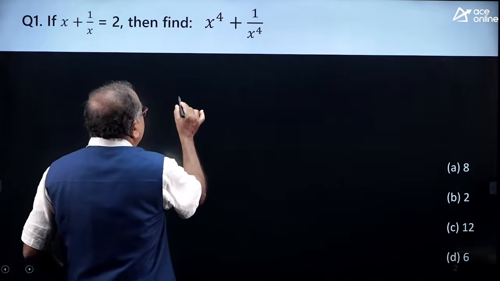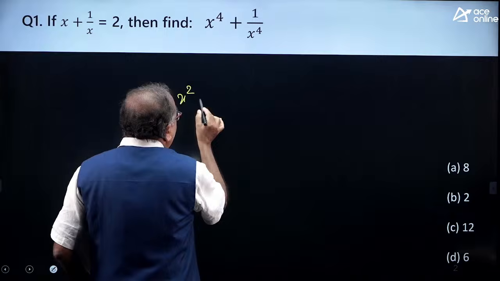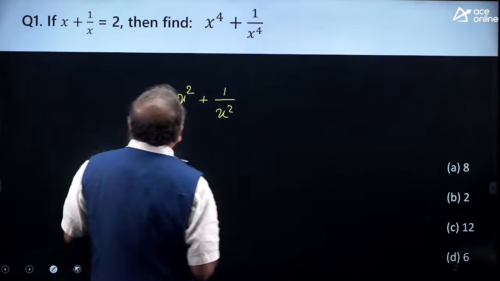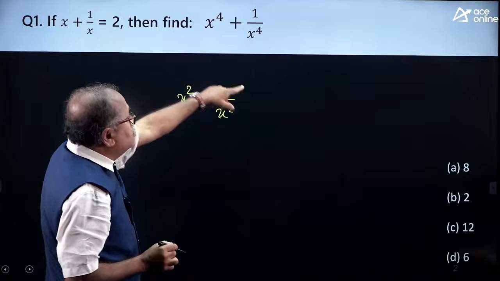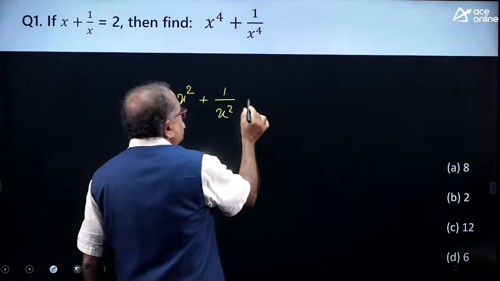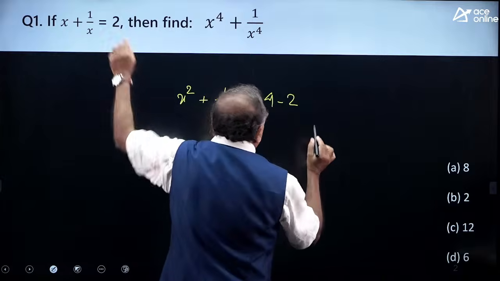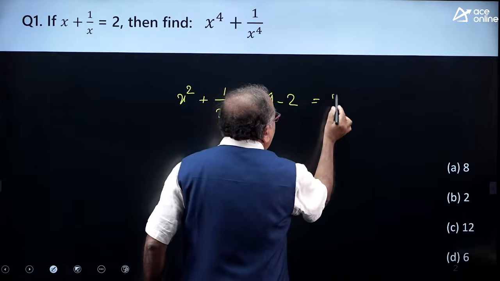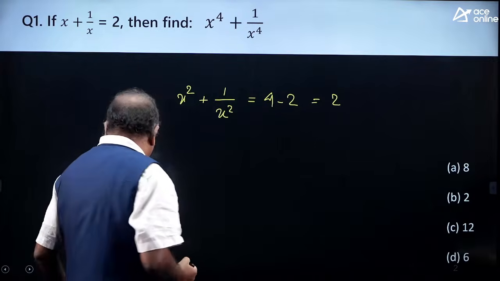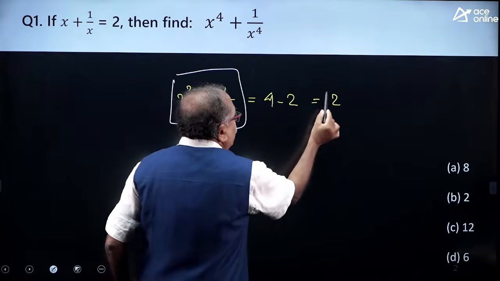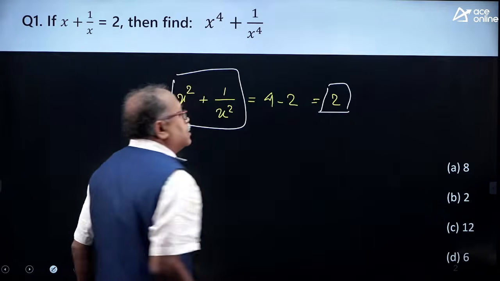When you convert this into square, that is x square plus 1 by x square, which becomes 2 square minus 2. That is nothing but 4 minus 2, as the value is 2, and I am getting this value as 2. So this is the relation I got between the left hand side and the right hand side.